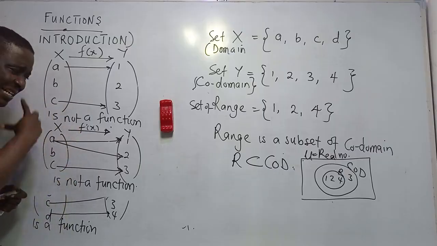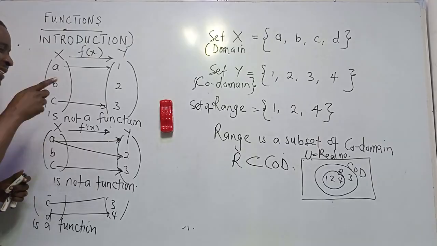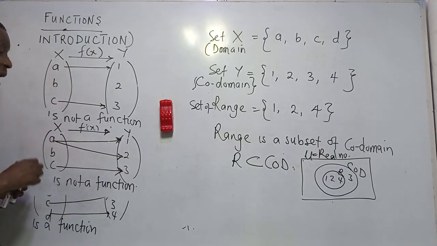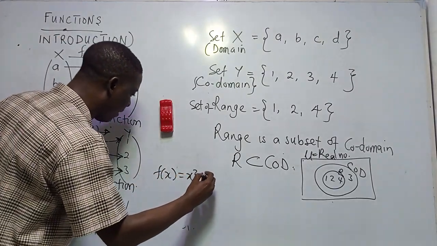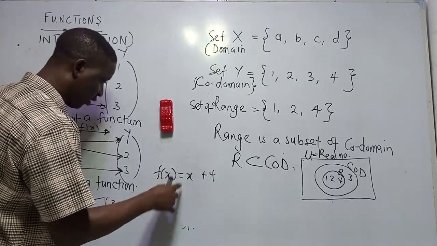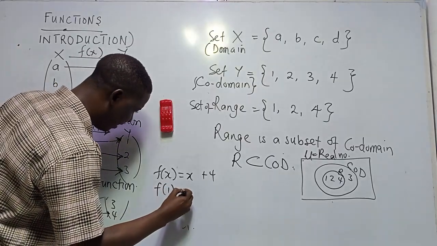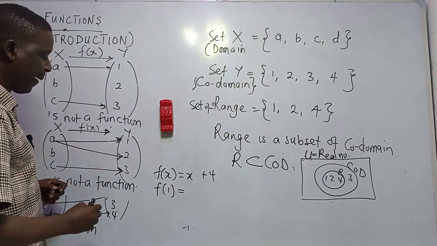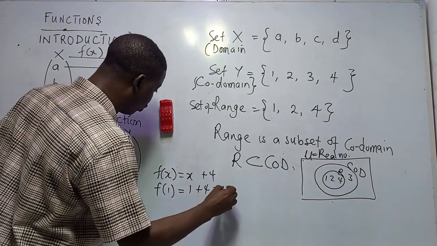What makes them defined is that they have a unique number allocated to them. If I say f of x is equal to x plus 4, for instance, if I put 1 here, then 1 plus 4 will give me an output of 5.